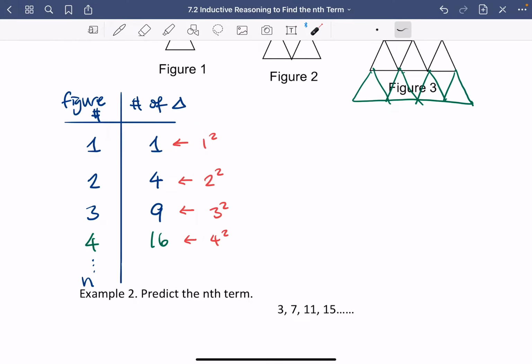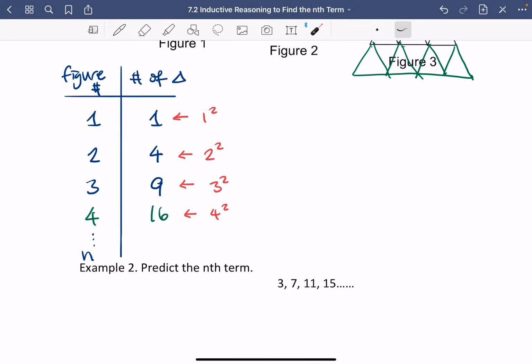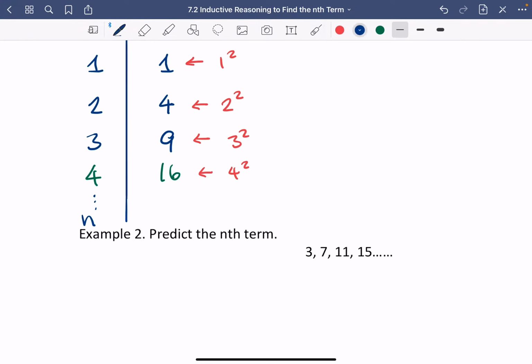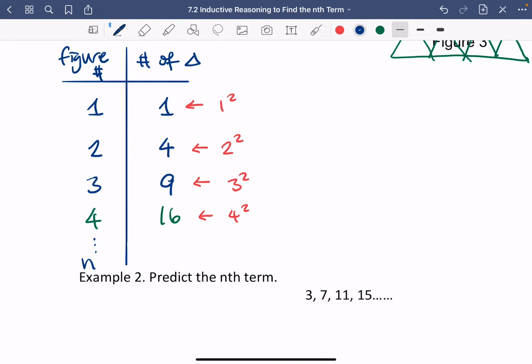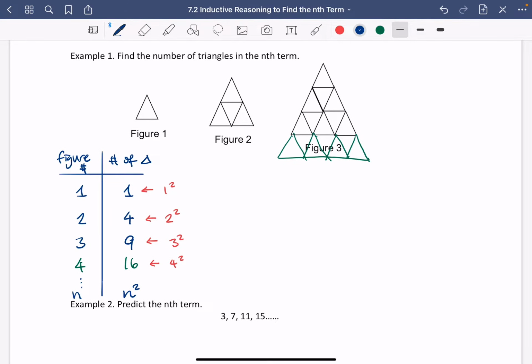So for the first figure, the number of triangles is 1 squared, and then 2 squared, etc. So for my nth figure, then the answer is, of course, going to be the figure number n squared. Okay, so the number of triangles is equal to n squared for the nth figure, or for the nth term.